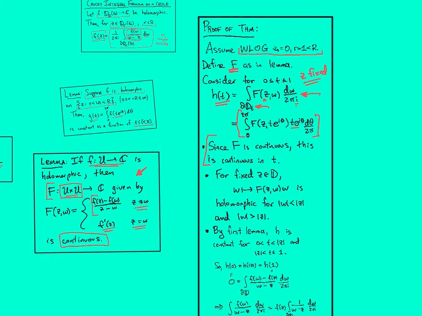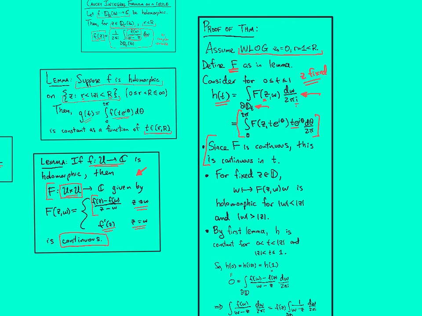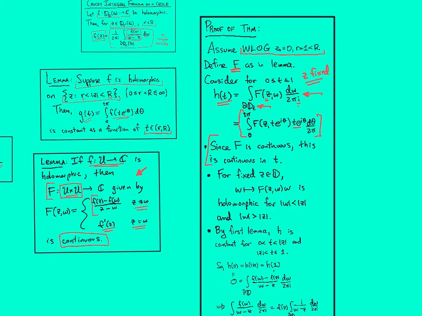Now I need to point out that capital F is holomorphic as a function of w, at least when we stay away from the singularity. It turns out it will be holomorphic at the singularity, but that's not something that we'll worry about right now. So if w and z stay away from each other, so if modulus of w is strictly less than modulus of z, or if w is strictly greater than z in modulus, we just have this function here.